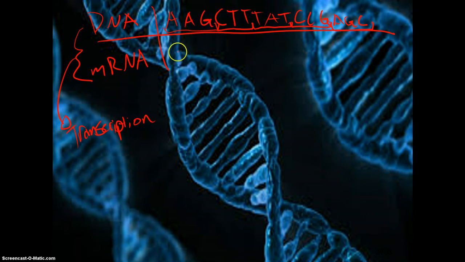So you're going to need to be able to transcribe the DNA into mRNA. In order to do that, remember RNA does not have a T, so A's are going to be paired with U's, G's with C's. There's my first codon, my second codon, A, U, A, G, G, C, U, C, G.